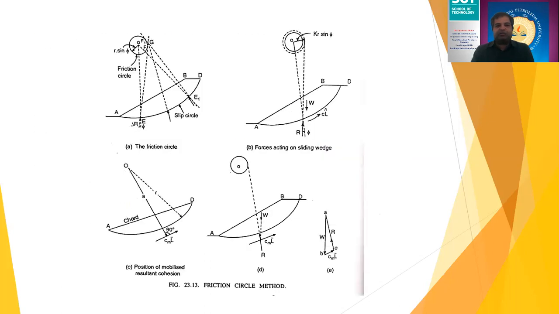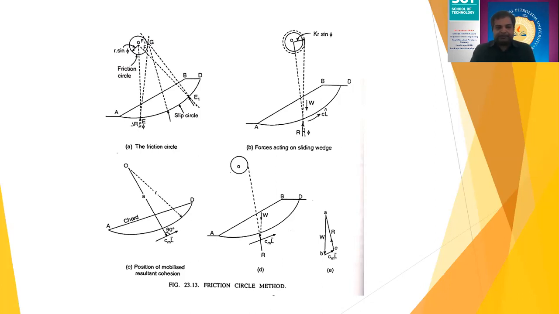If I go back to the figure, you can see this is the center through which I can draw this arc with the radius r. And from the same center, if I draw a circle with the radius of r sin phi, where phi is the angle of internal friction, then this r sin phi circle is known as the friction circle. Again I'm repeating, this r sin phi circle is known as the friction circle.